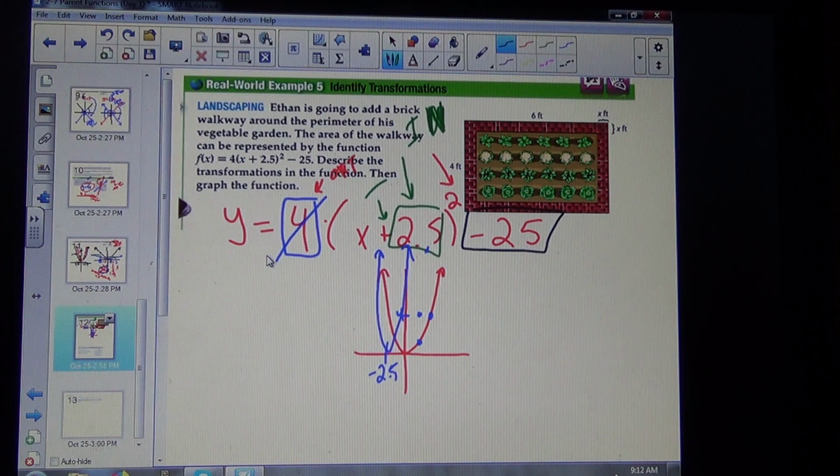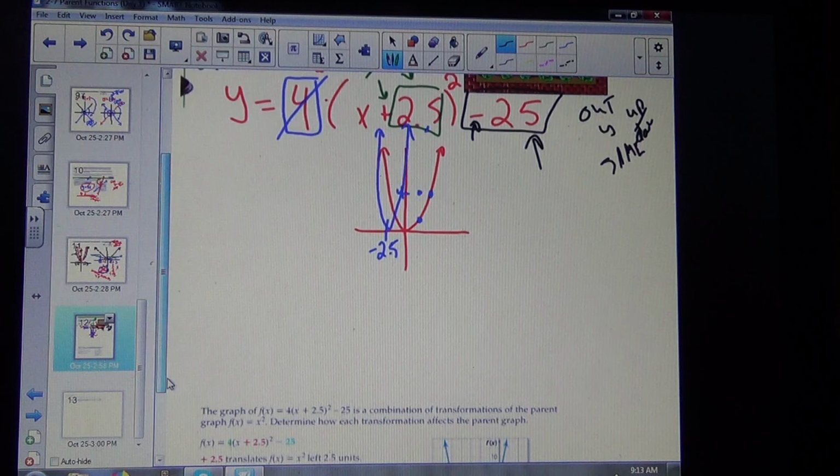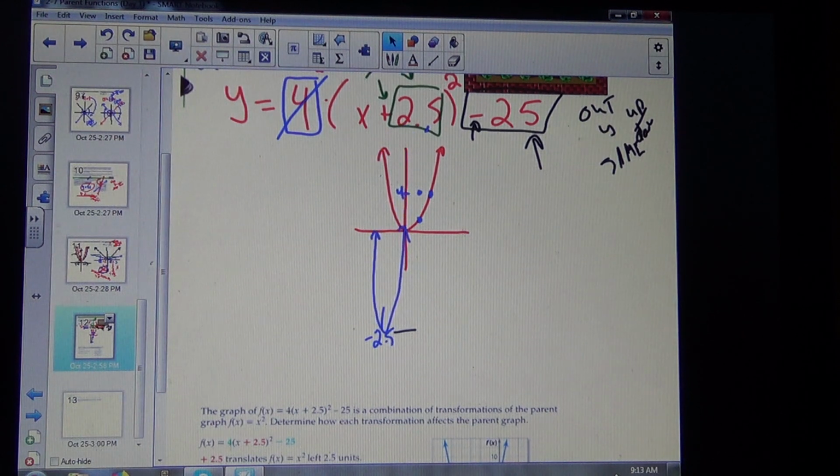And then here I have a negative 25 on the outside, so again, the outside it's the y values, up and down. Okay, so up and down, and we do the same operation as what's happening. So on this problem here, since it's a minus, same operation, still be minus, so I'm going to minus 25, which means it would drop all the way down to here.